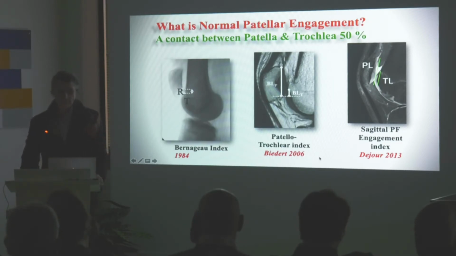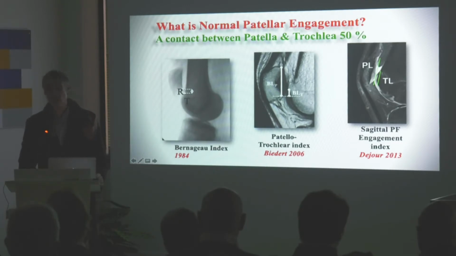Then Biedert described the patellotrochlear index, very nice, because it quantifies the engagement of the patella in the trochlea. The Biedert index is good, but if you have a subluxation of your patella, you will not be able to measure it.